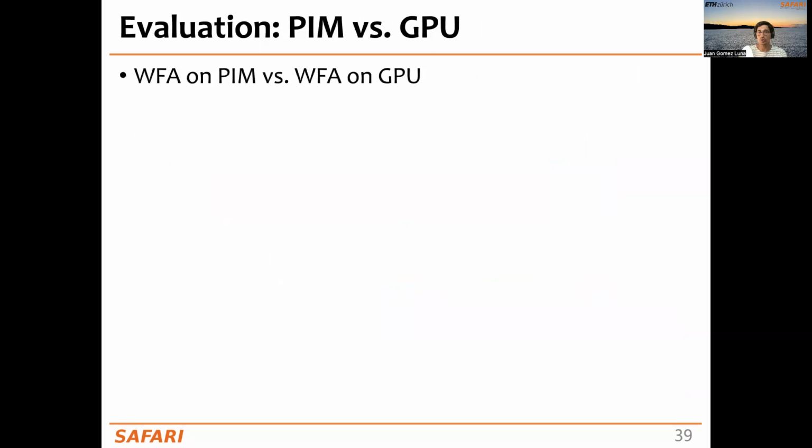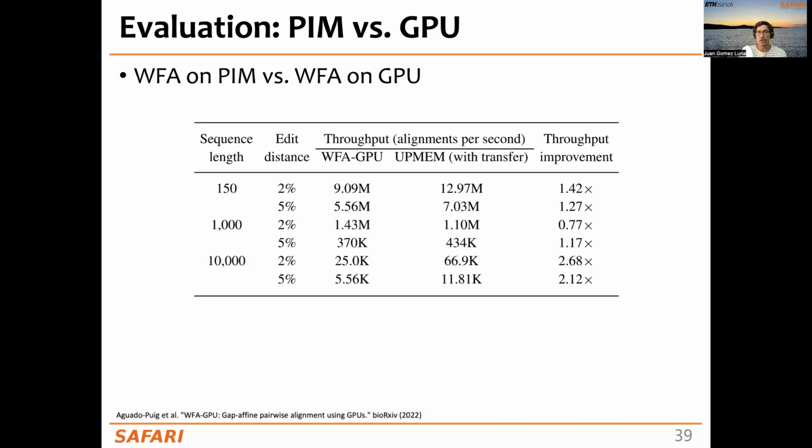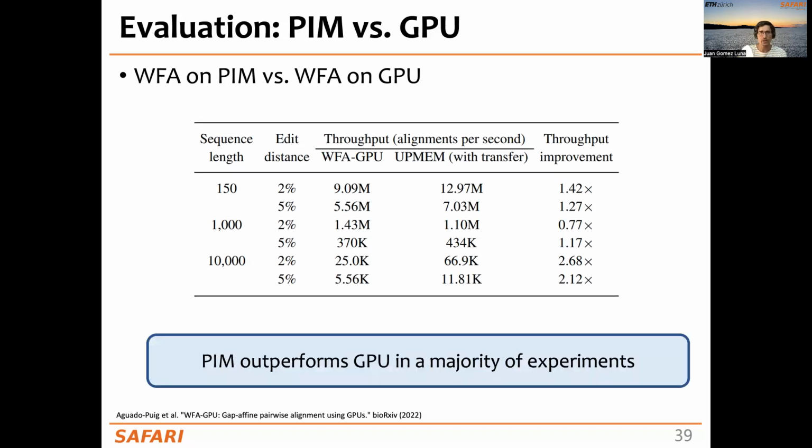In our paper, we also compared PIM to GPU, in particular for WFA and the WFA-Adaptive algorithm. And as we can see in the table, the PIM version outperforms the GPU version in a majority of experiments.